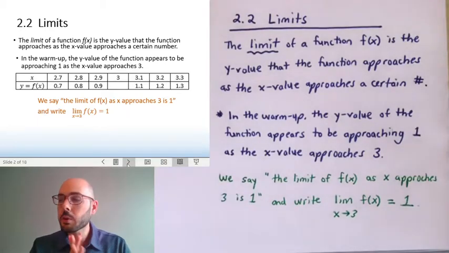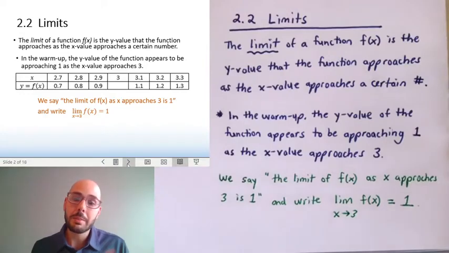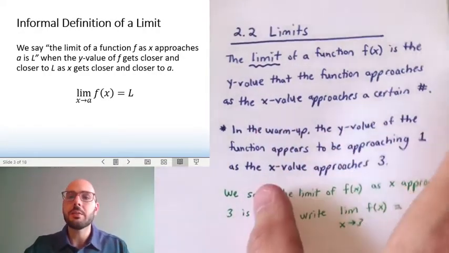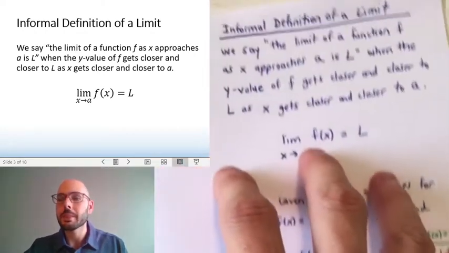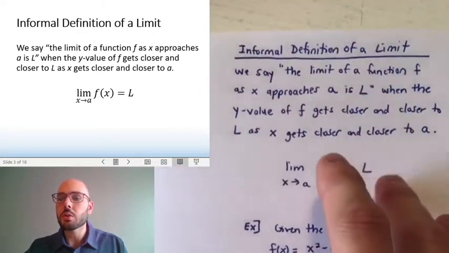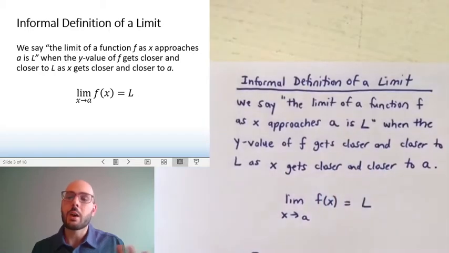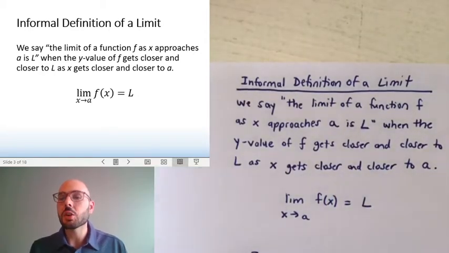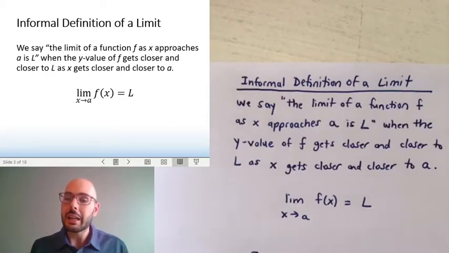So we want to get comfortable with this notation, as well as the definition of what a limit is. Before we look at some more problems, we're going to look at the informal definition of a limit. It's basically what we just wrote before, but without specific numbers. We say the limit of a function f as x approaches a is L when the y value of f gets closer and closer to L as x gets closer and closer to a.